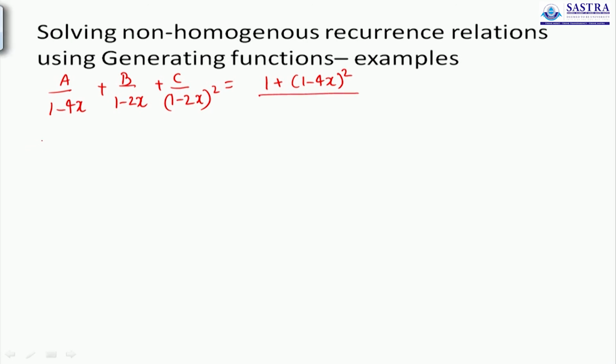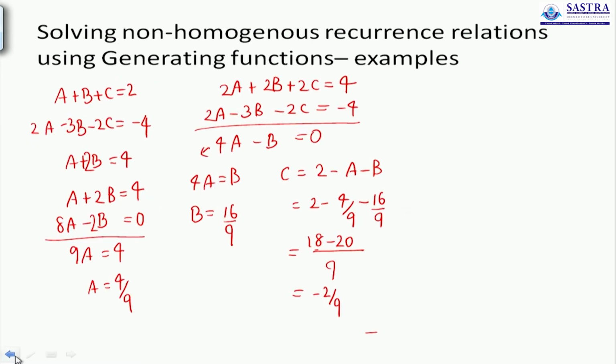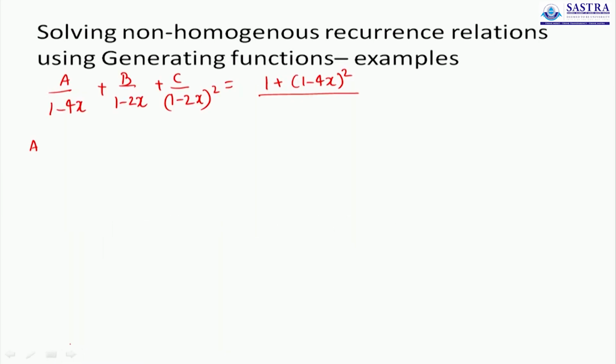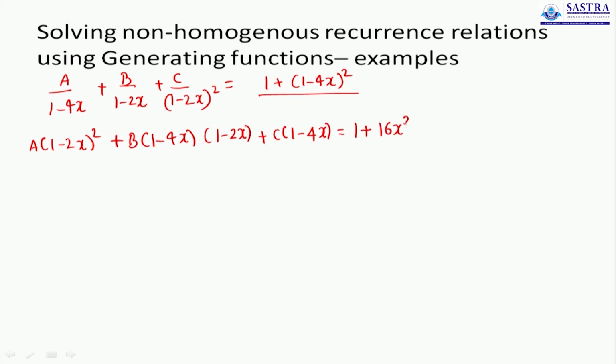So expanding this, we have a times 1 minus 2x whole square plus b times 1 minus 4x times 1 minus 2x plus c times 1 minus 4x alone, giving us 1 plus 16x squared minus 8x plus 1, which turns out to be 16x squared minus 8x plus 2.